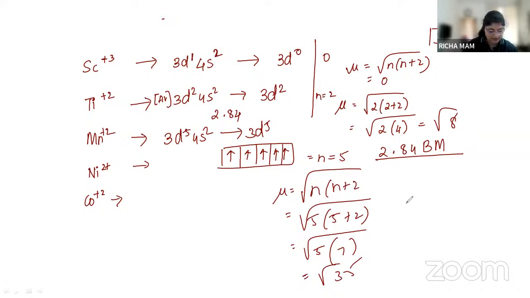See how much you'll get. 5.91. Are you getting the same? So 5.91 Bohr magneton.